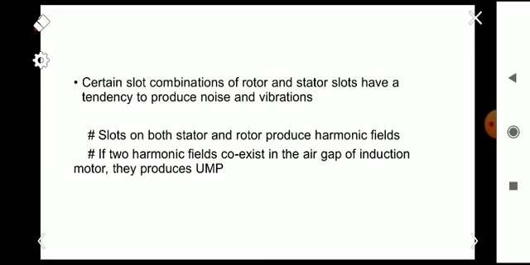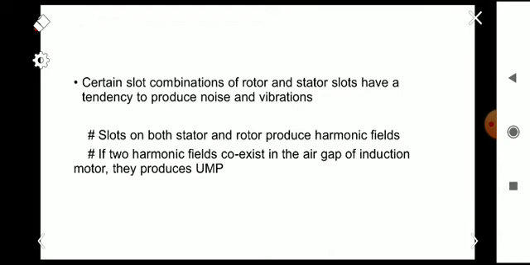The next practical aspect is that certain slot combinations of rotor and stator slots have a tendency to produce noise and vibrations. The slots on both stator and rotor produce harmonic fields, that we know.